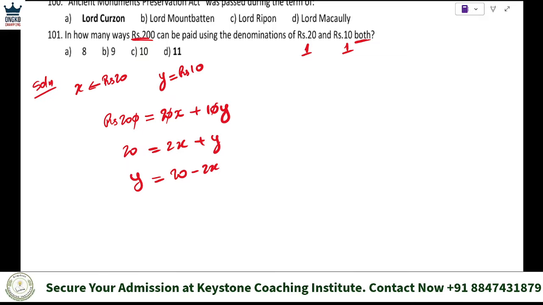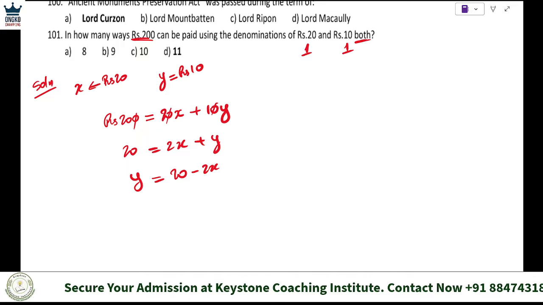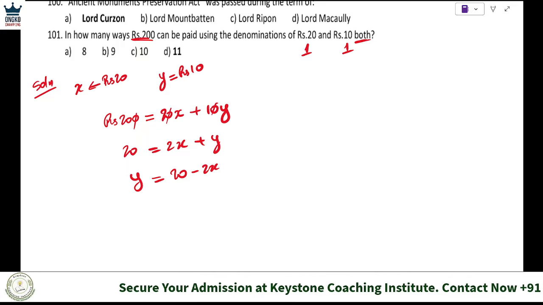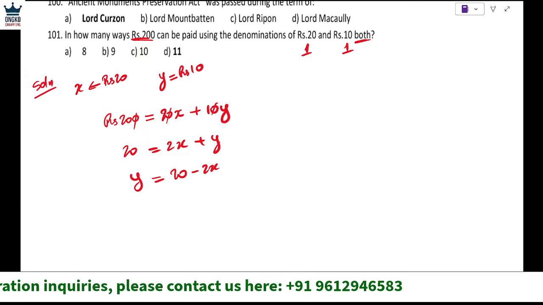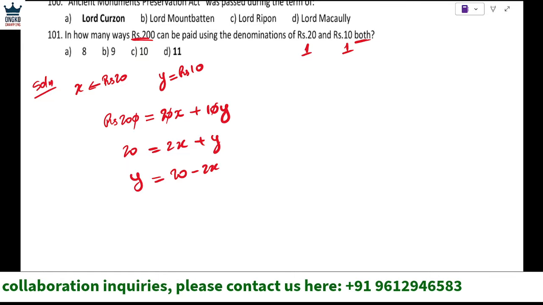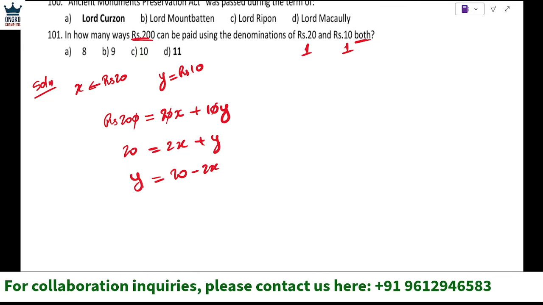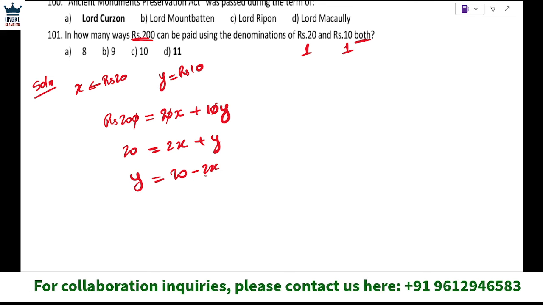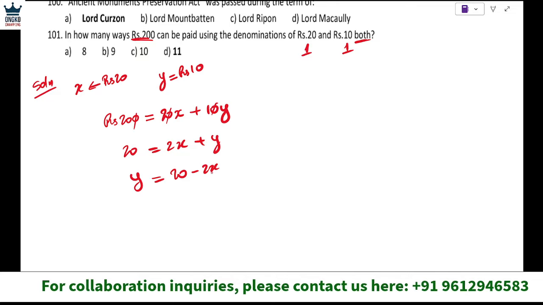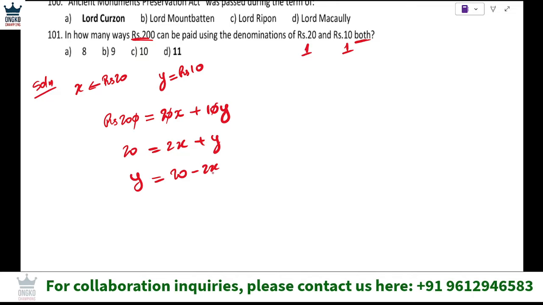Now, as I mentioned earlier in the video, we need a minimum of one 20 rupees note and a minimum of one 10 rupees note. So here y, the number of 10 rupees notes, is equal to 20 minus twice the number of 20 rupees notes.